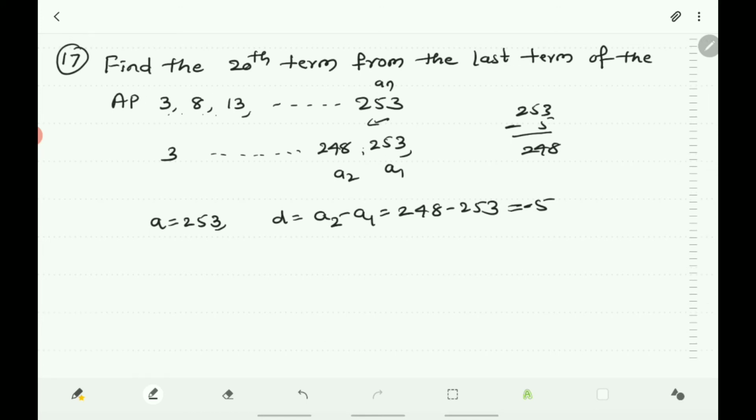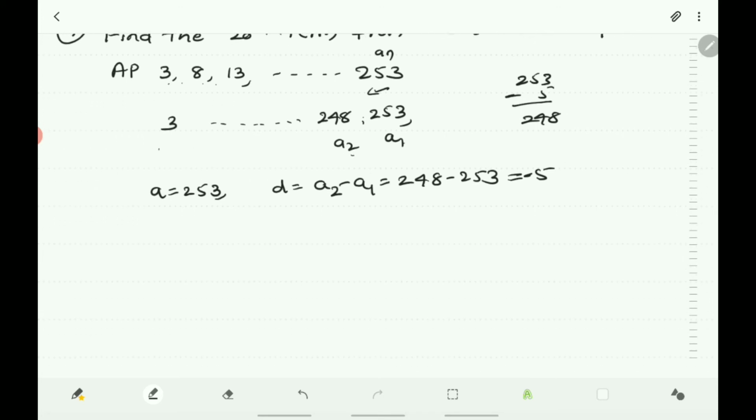For convenience, consider 253 as the first term and this as the second term. This 3 is the last term and 253 is the first term. So use the same formula.